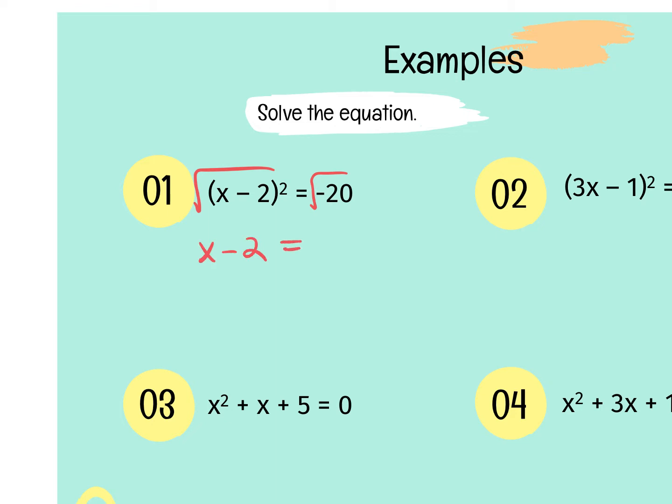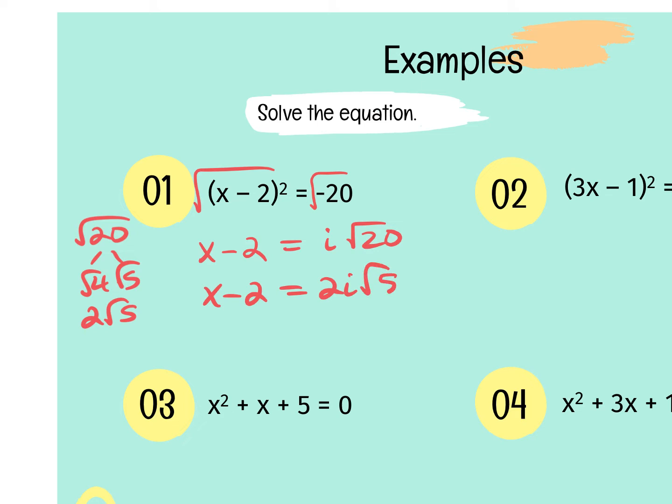And then now I need to simplify the square root of 20, if you want to do this first. And then now break down the 20. You could either do 2 and 10 or 4 and 5. I'm going to go to 4 and 5 because I know 4 is a perfect square. So then this will simplify into 2i square root 5.